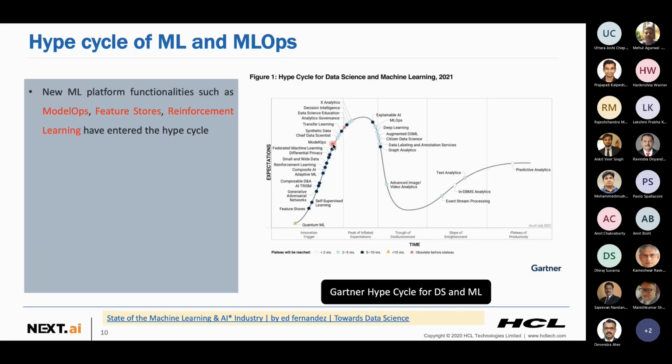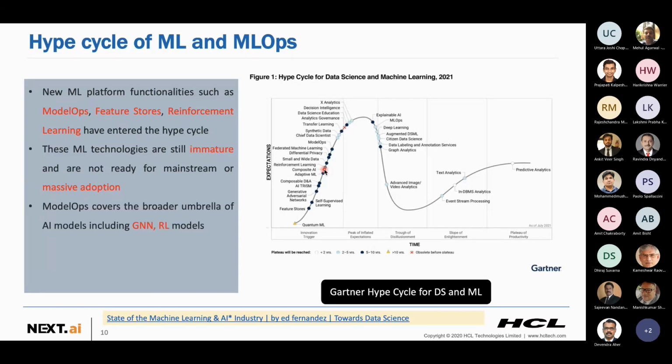As we see in this curve, new ML platform functionalities such as ModelOps, feature stores, and reinforcement learning have been introduced in the current year's hype cycle. These ML technologies are still immature and are not ready for mainstream or massive adoption. ModelOps covers the broader umbrella of AI models, including graph neural networks and reinforcement learning based models as well.